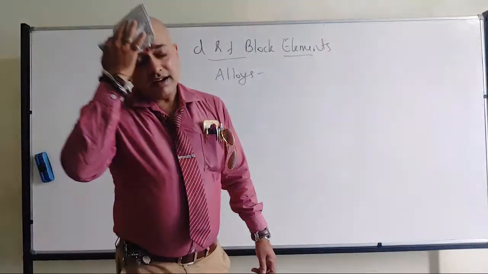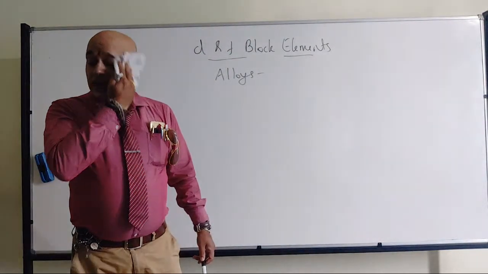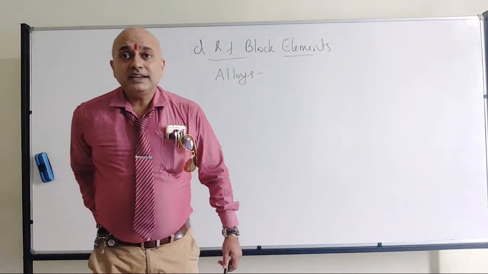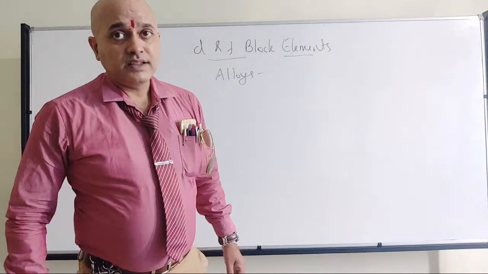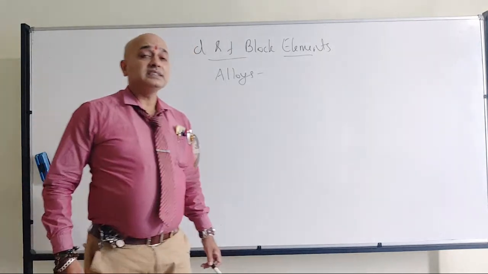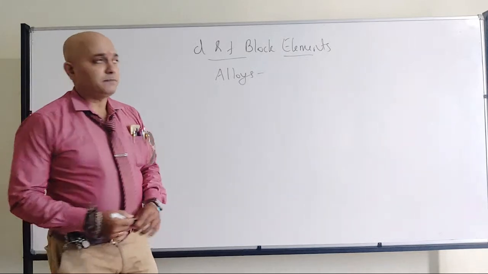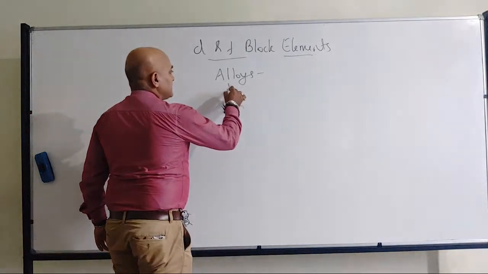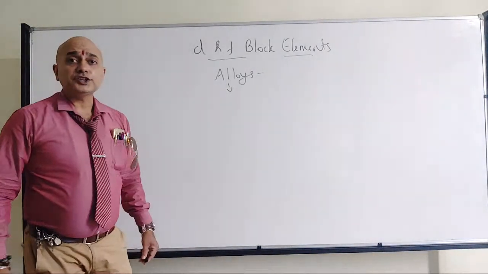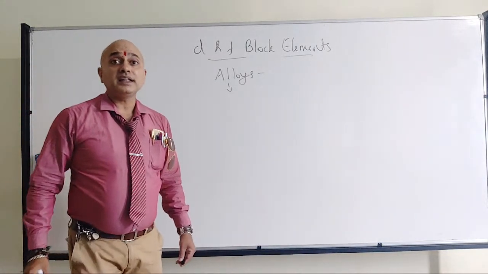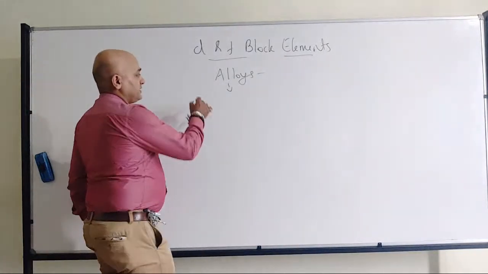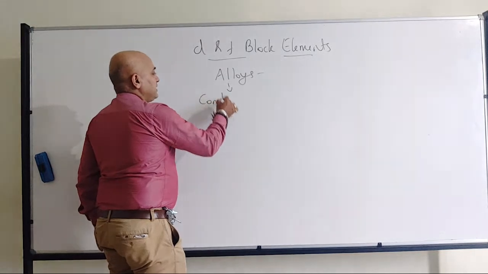Most of the alloys have one common element, which is a transition metal. Please remember. An alloy is nothing but a combination of a metal with another metal in a particular ratio. Alloys are nothing but a mixture.